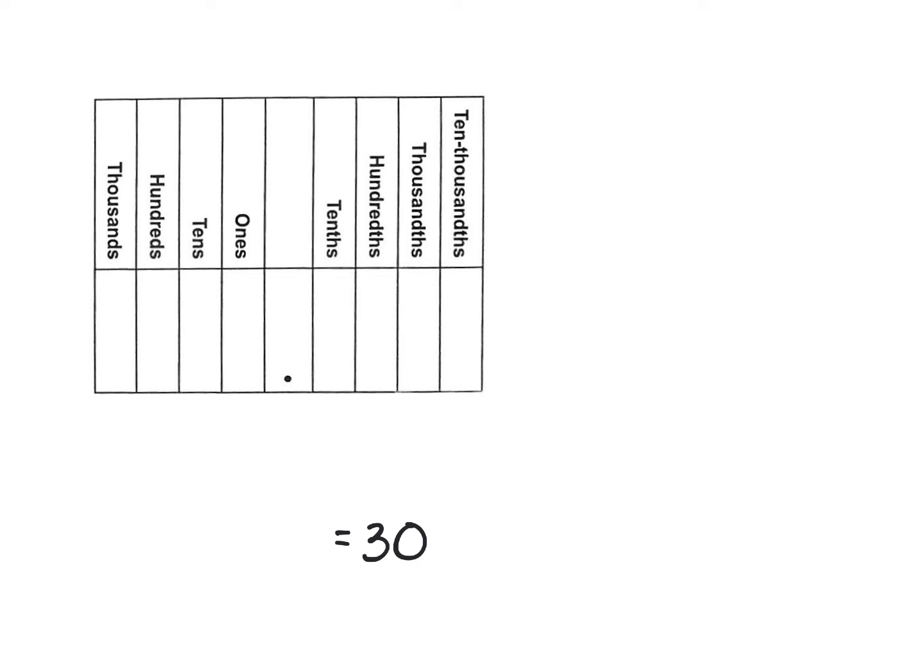This means that the 3 is in the tens place because 10 is to the power of 1. We can also see that if we move the decimal one place value to the right, we get 30 again.